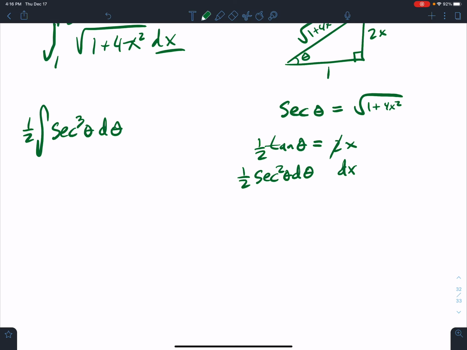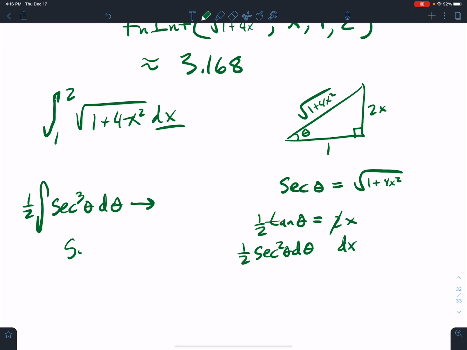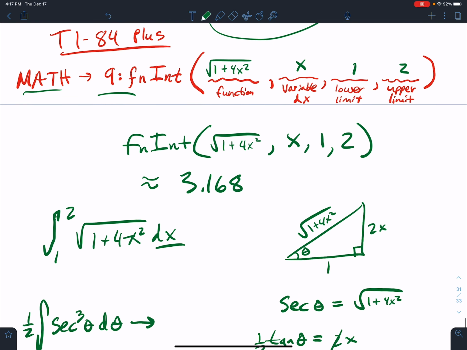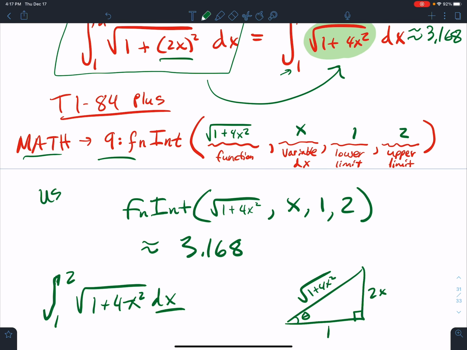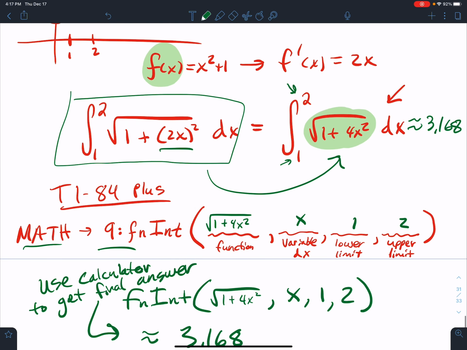You can run through this, and you're actually going to have to use integration by parts. Split it up to secant theta times secant squared theta. I'm not asking you to do that. If I tell you to use a calculator to get a final answer or approximate answer, then that gives you the license to go from right here to right here, okay?